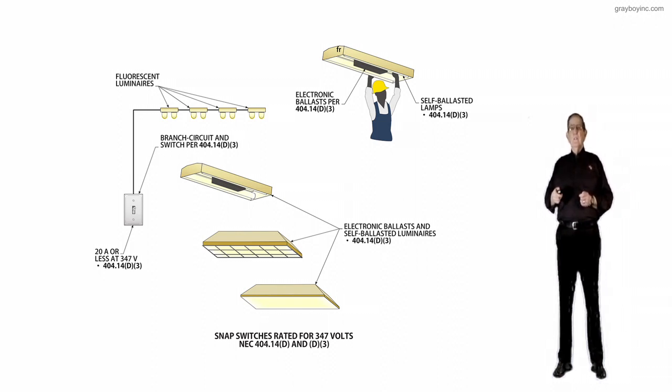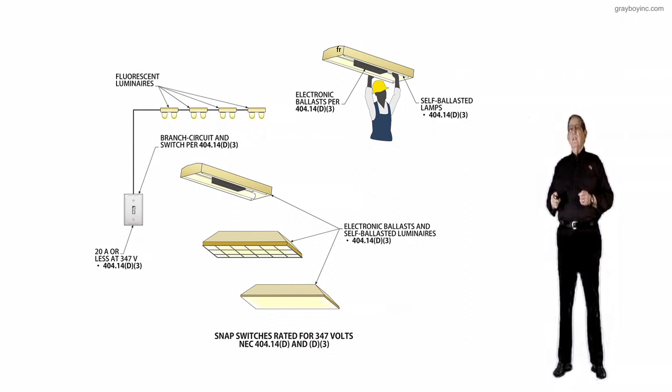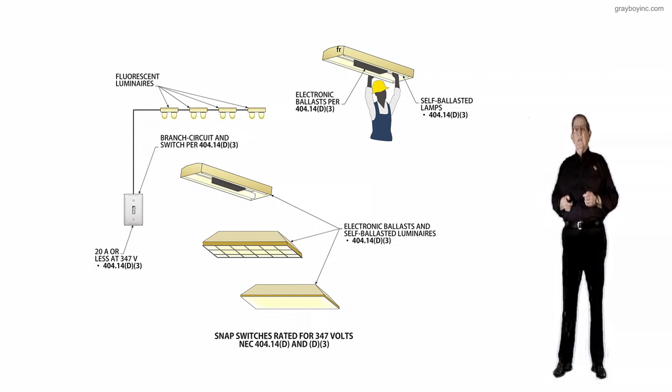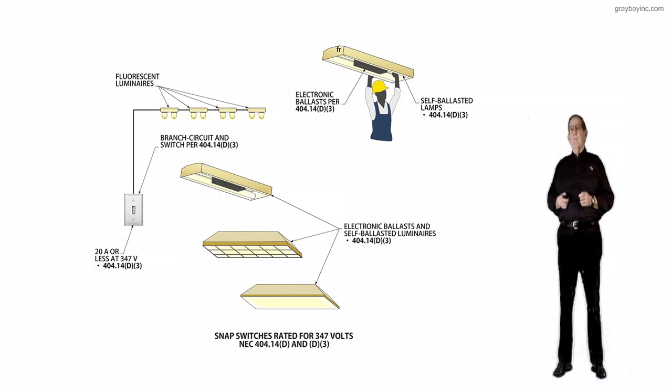And of course, in the three fixtures that you have listed at the bottom, electronic ballast and self-ballast luminaires could be included inside those fixtures for operation, and that's 404.14(D)(3).